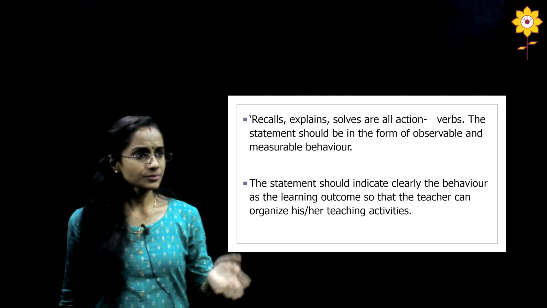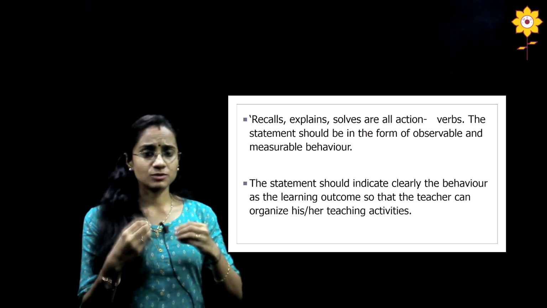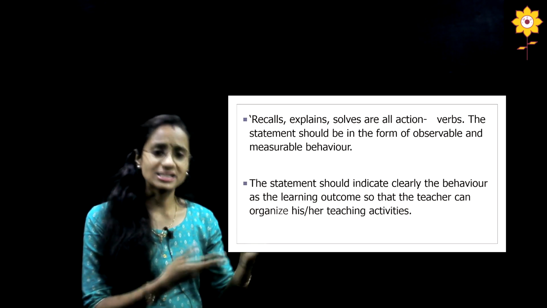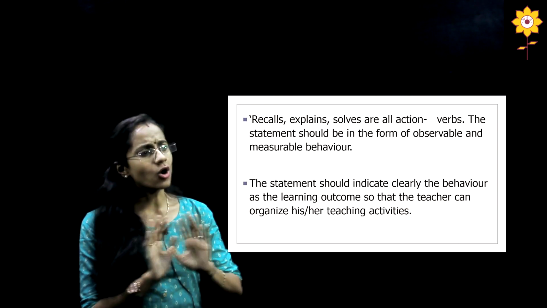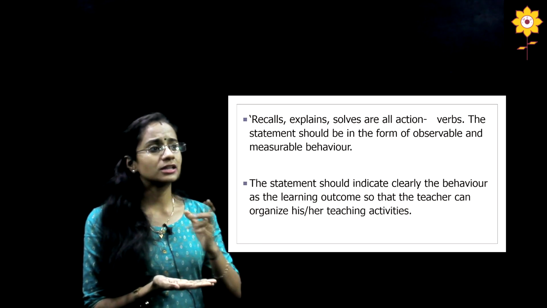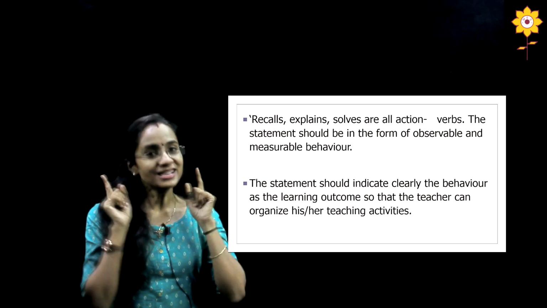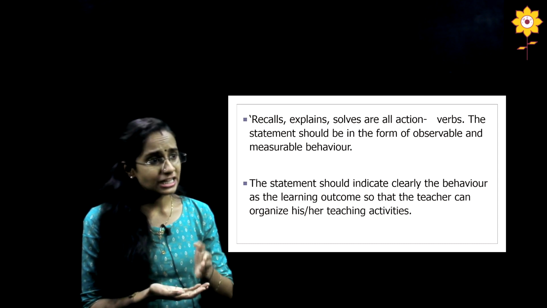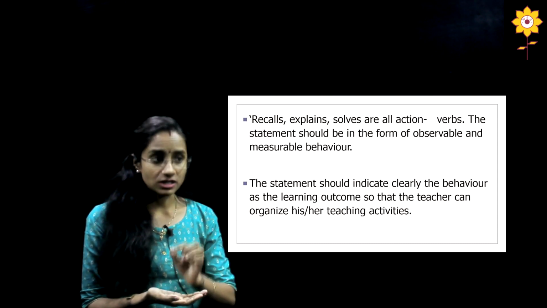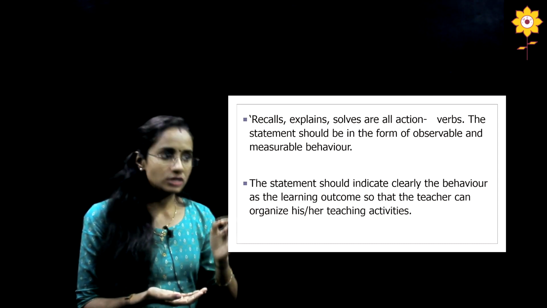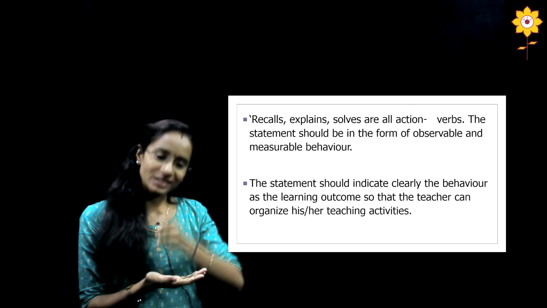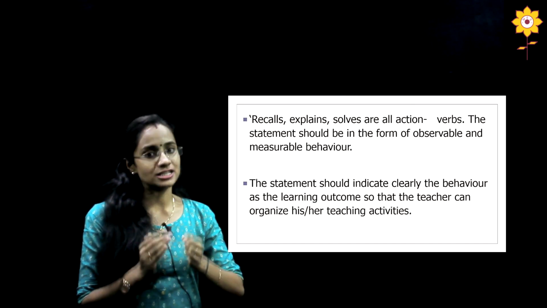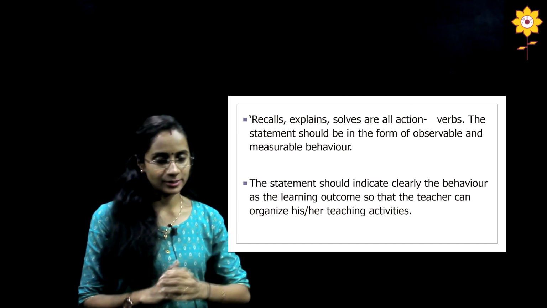Now let's move ahead. Next, see, when I'm using these words like recalls, explains, solves, they are all action verbs. So the statement should be in the form of observable and measurable behavior. So the statement should indicate clearly the behavior as the learning outcome so that the teacher can organize his or her teaching activities accordingly.